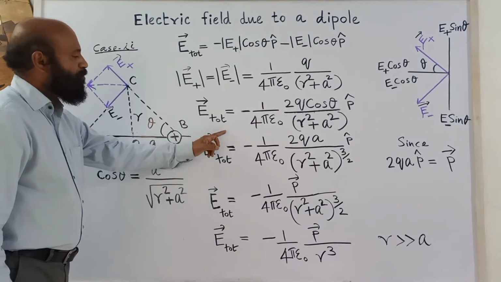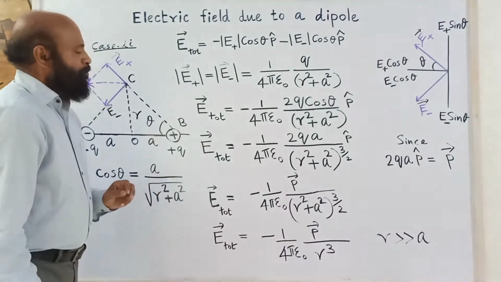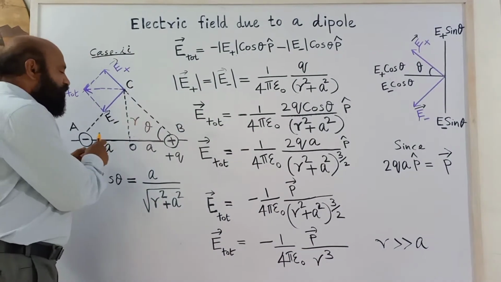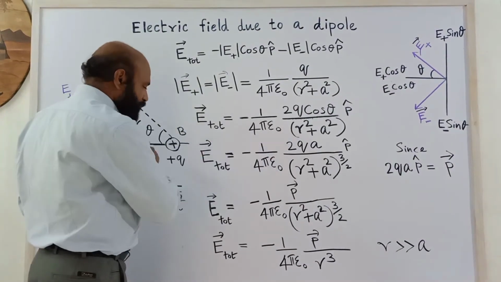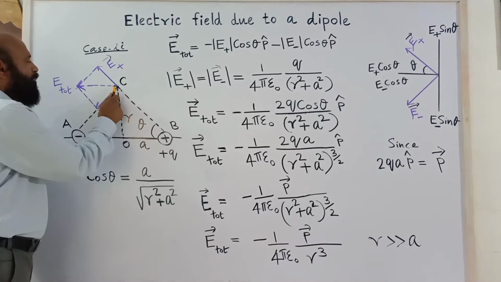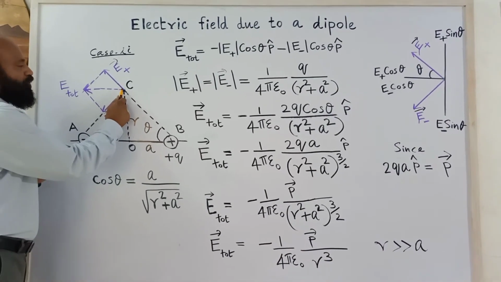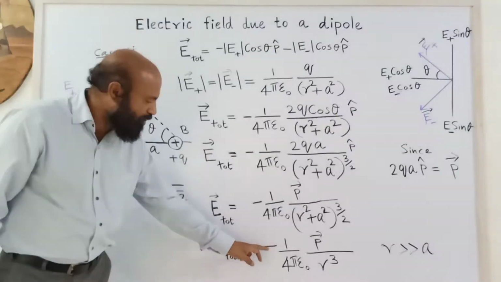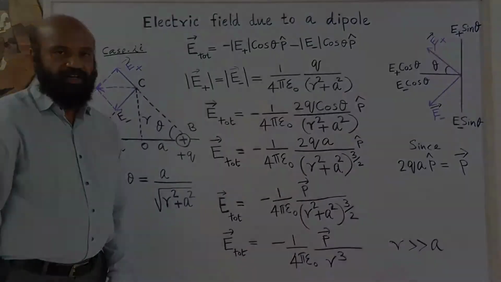On the axial line the field will be double of this, but it will be acting in the direction of the dipole moment. But when the point is on the equatorial line, it will be acting opposite to the direction of the dipole moment. It will be acting along this direction. That is why there is a negative sign.